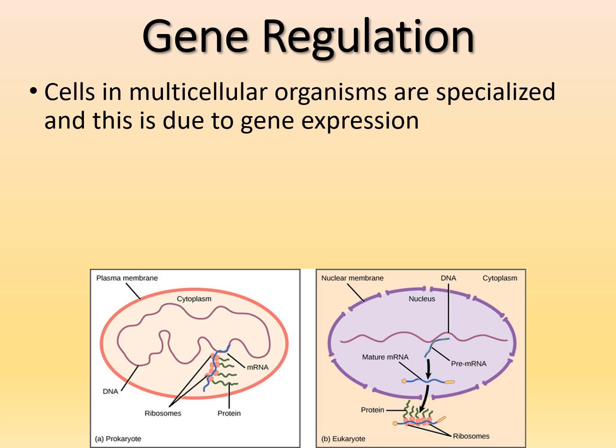So we do have cells that are very specialized in multicellular organisms. So if you think about all the cells in the body and what their jobs are, right? So if you think of different tissues, we've got very different cells in, say, the nervous tissue in our brain versus muscle tissues or muscle cells in our muscle tissue, right?